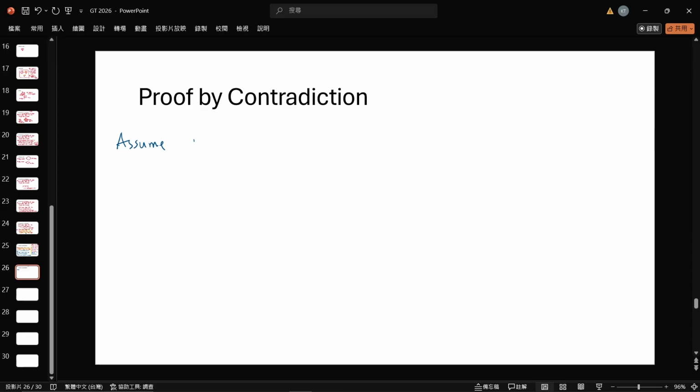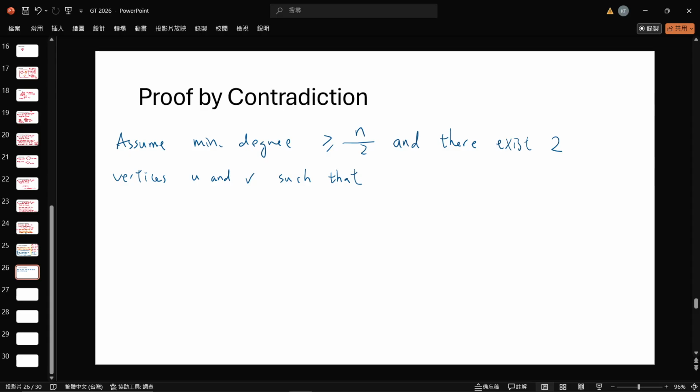Assume the minimum degree is at least n over 2, and we can find two special vertices such that they are not adjacent, and they do not have a common neighbor.